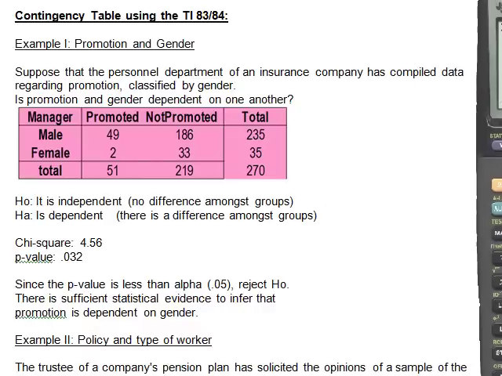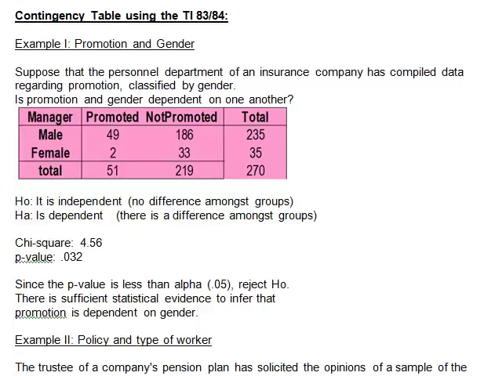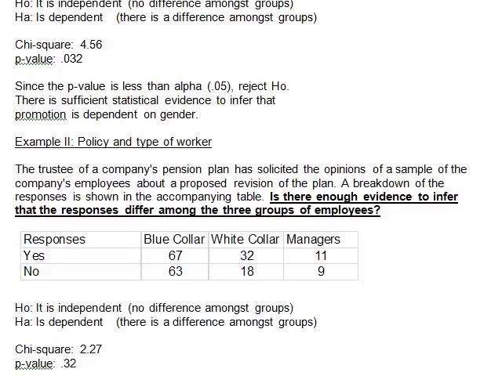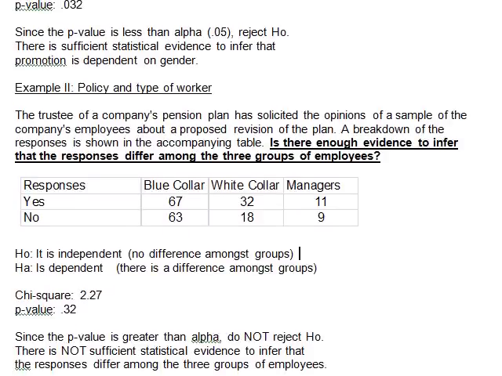All right, let's do a second example. Show you the other way. Okay, so example number 2 is policy and type of worker. The trustees of a company's pension plan have solicited opinions of a sample of the company's employees about a proposed revision of the plan. A breakdown of the responses is here.